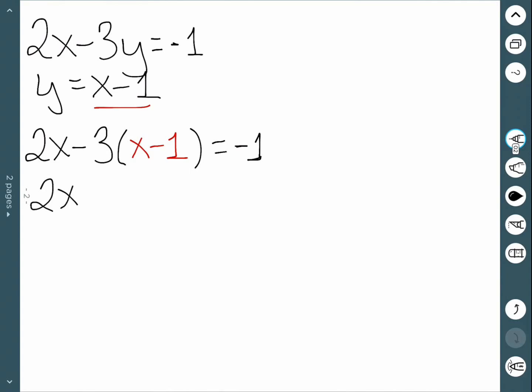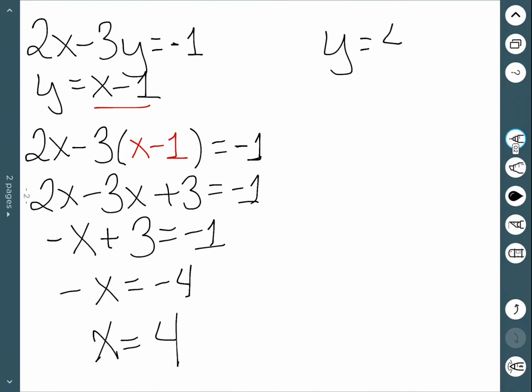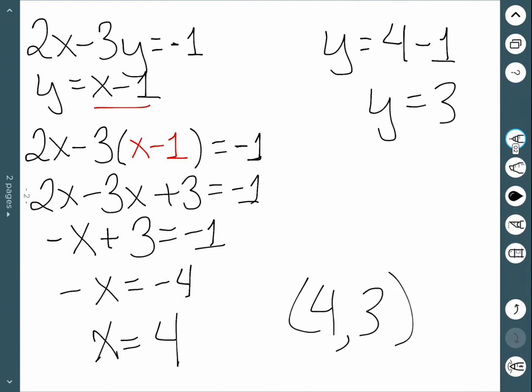So this is 2x minus 3x plus 3 equal to negative 1. 2 minus 3 would be negative 1, so negative x plus 3 equal to negative 1. If we subtract 3, I get negative x equal to negative 4, so x is 4. We still need to know y, but y is x, which we just said was 4, minus 1, so y is equal to 3. So I now have my answer, (4, 3).